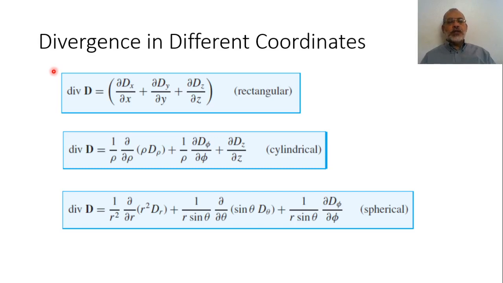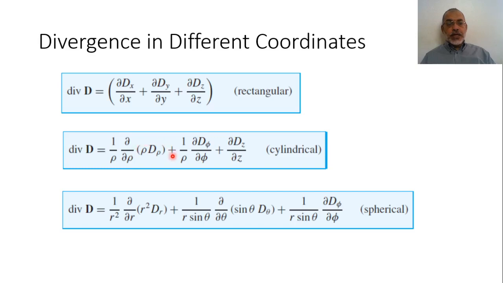Effectively, we have studied the divergence till now in Cartesian coordinates and said that the divergence of D is the derivative of the Dx component with respect to x plus the derivative of the Dy component with respect to y plus the derivative of the Dz component with respect to z. What will be the situation in cylindrical and spherical coordinates? In cylindrical coordinates, the divergence of D is 1 over rho multiplied by the derivative with respect to rho of rho D rho.